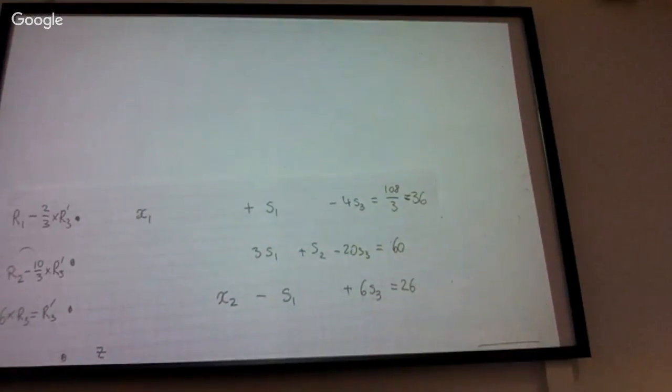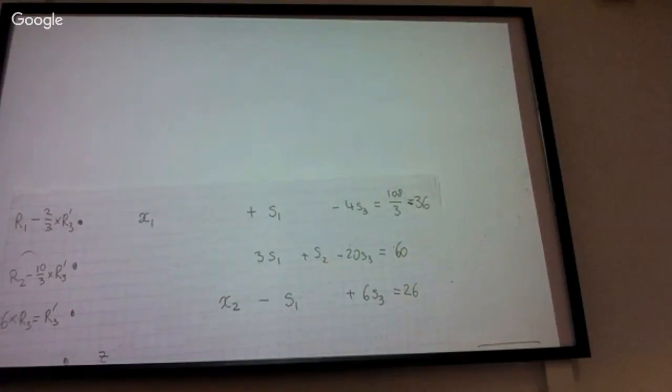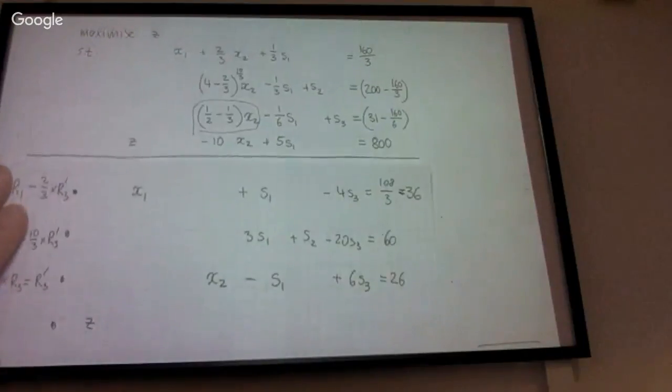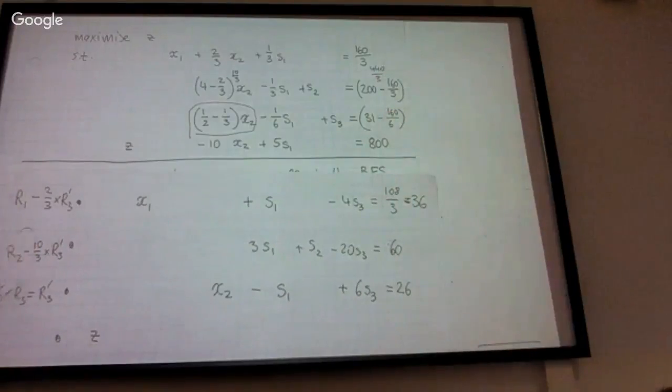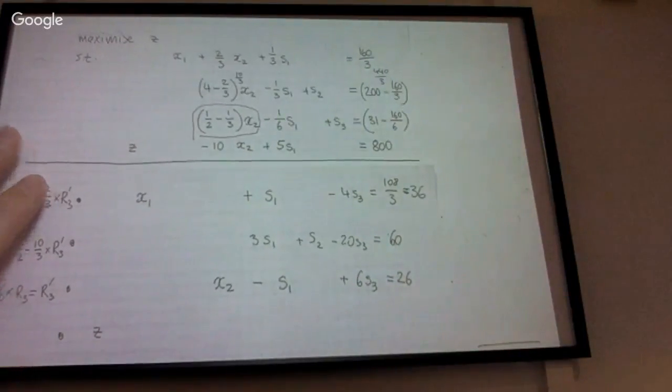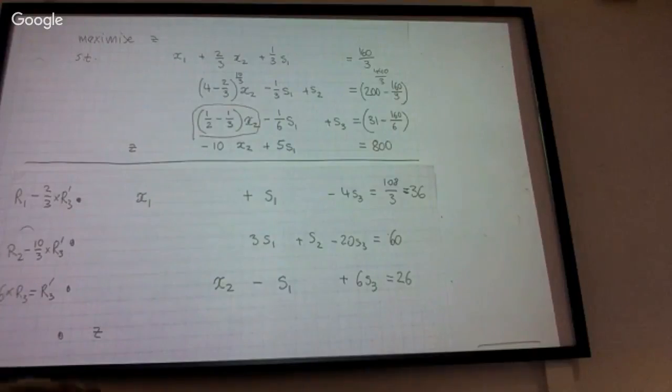I need to check it. Okay. This number apparently was 440 divided by 3, and I'm taking away 260 divided by 3, so that's 180 divided by 3, so that's 60. Oh, yeah, good. Okay. No x1, no x2, I know that.